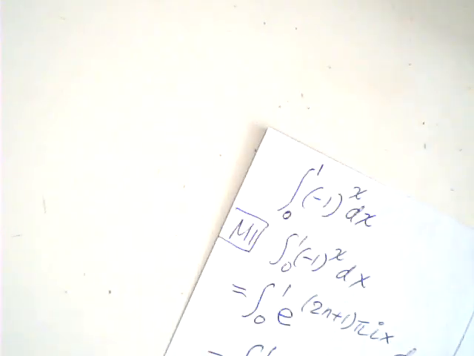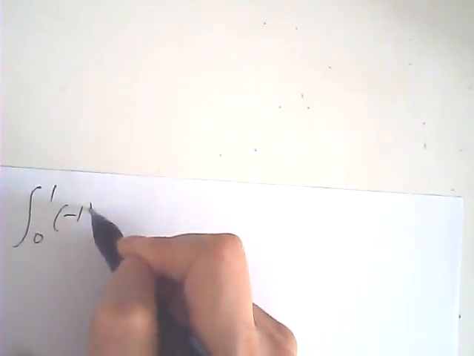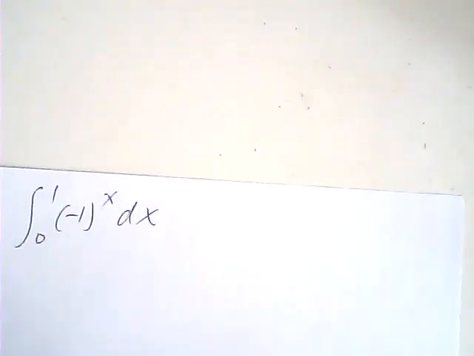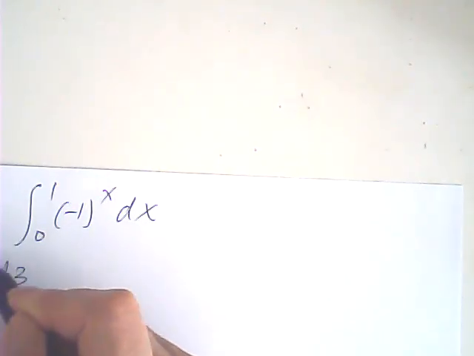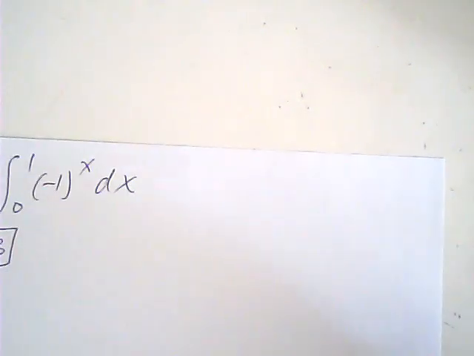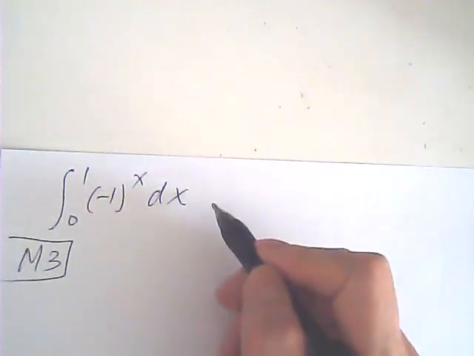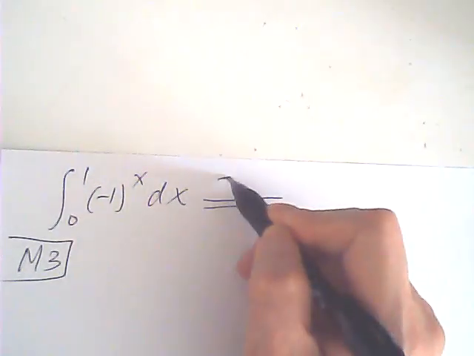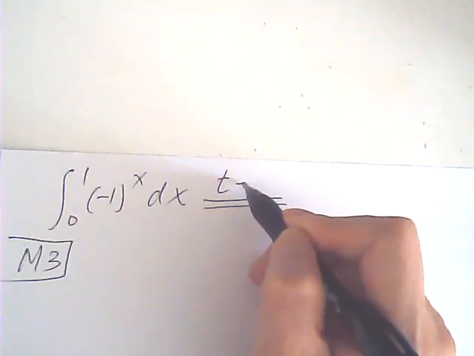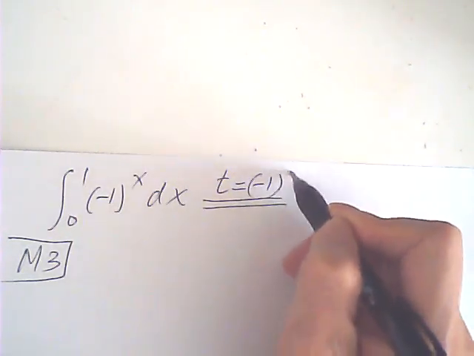Now method 3. I'm using substitution. Let t be negative 1 to the power of x.